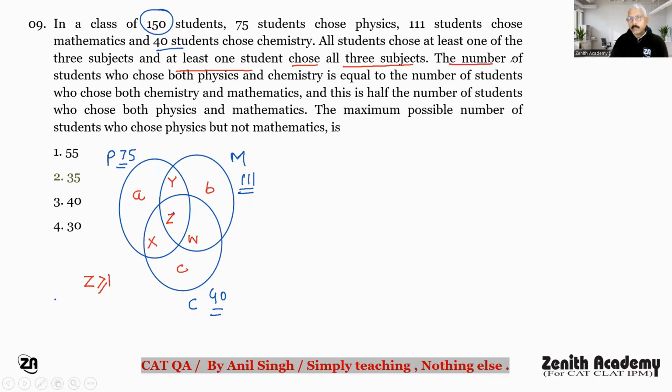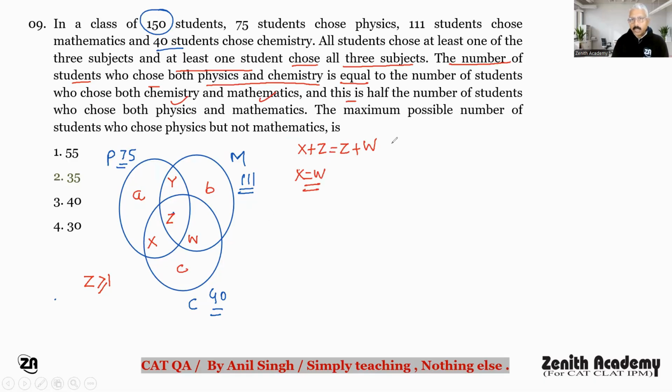The number of students who choose both physics and chemistry, X plus Z, is equal to the number of students who choose chemistry and mathematics, Z plus W. So from here, it is very clear that X is equal to W. This is one.